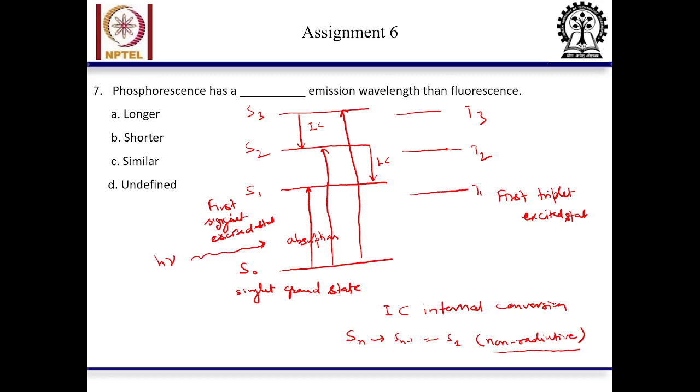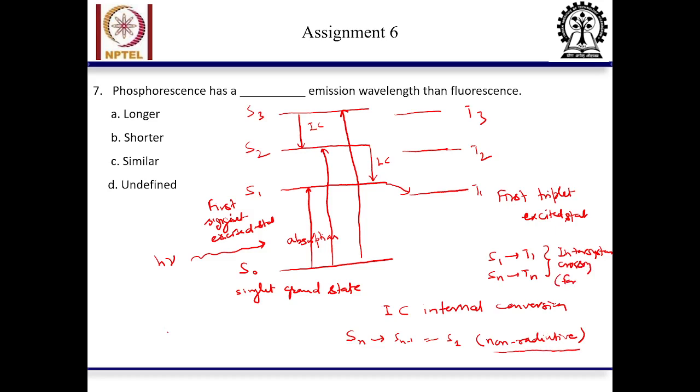Now what else can happen? It can go this way also, S1 to T1, Sn to Tn. These are called intersystem crossing. This is a forbidden transition because the spin is changing.